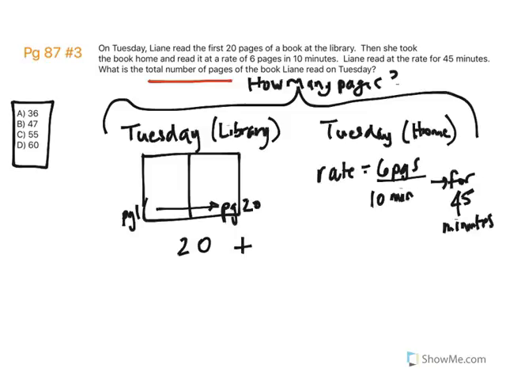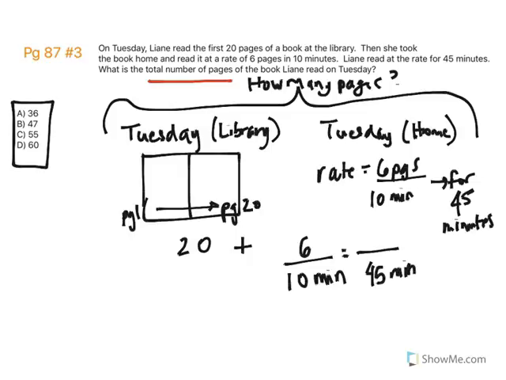So she read 6 pages in 10 minutes. And this rate is constant. The question doesn't tell us that the rate changes. So we can assume that she held this rate for the entire 45 minutes that she read.